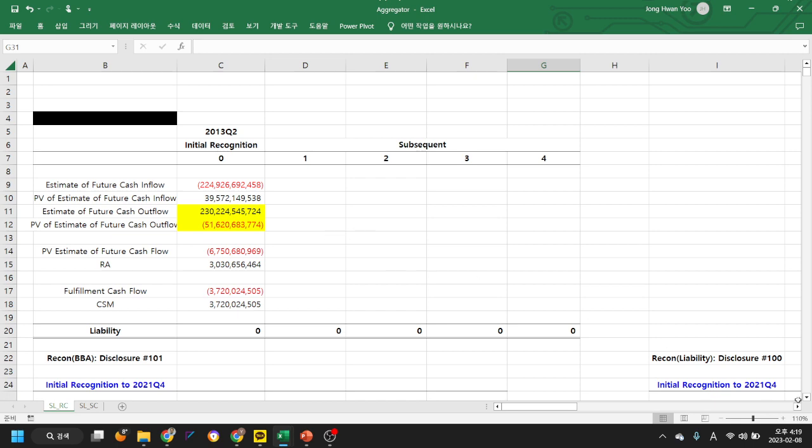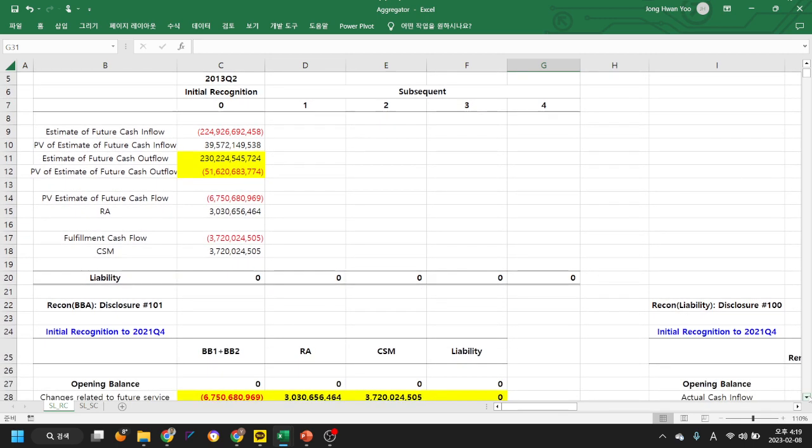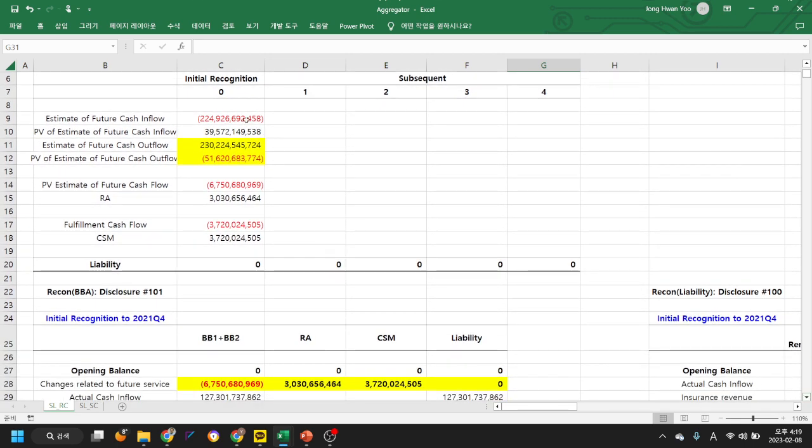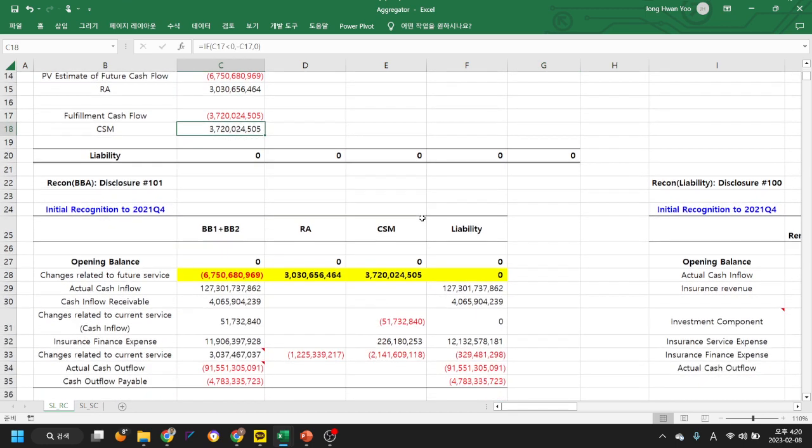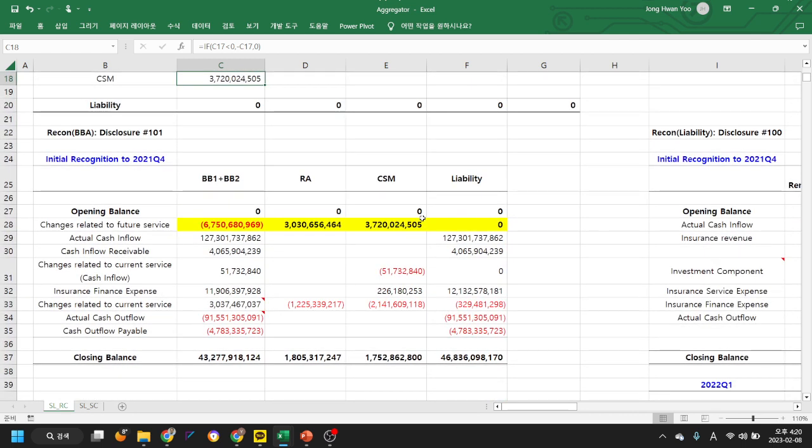So I take the number from that one, and you can see all of the different pieces and the same CSM. And that one is in the exhibit in disclosure number 101, and this one shows changes related to future service.